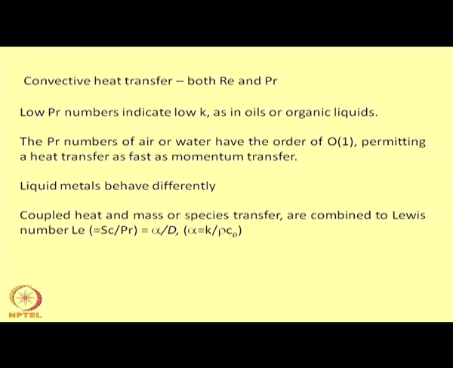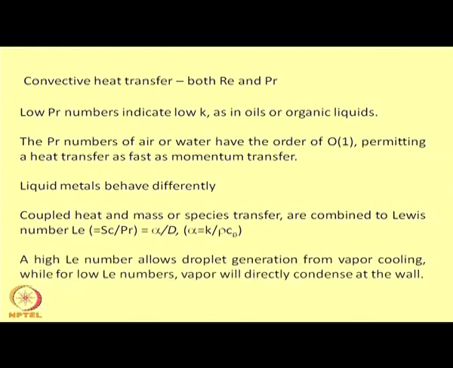On the other hand, if Lewis number is small, then species transport is going to predominate over heat transport, which would give rise to some interesting phenomena which can be explained by high or low values of Lewis number. A high Lewis number allows droplet generation from vapor cooling, whereas for low Lewis number, the vapor will directly condense on the wall.